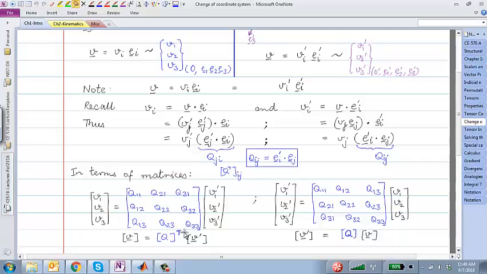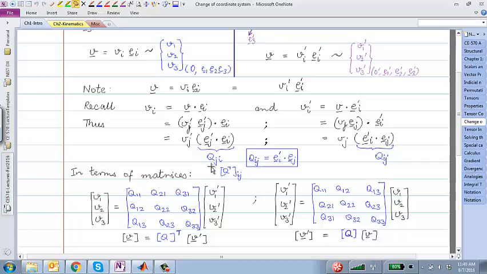For a vector, if you know the prime components, you just multiply with Q transpose and you get the unprimed components. If you know the unprimed components, you multiply with Q and get the prime components. So that was the transformation that we did for vectors.